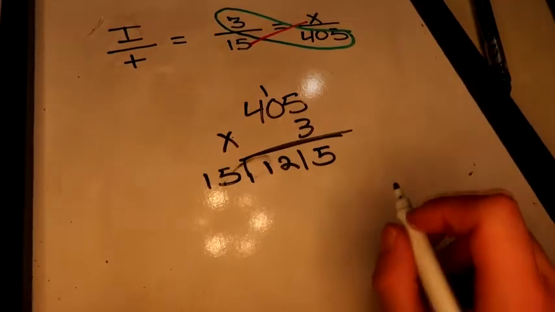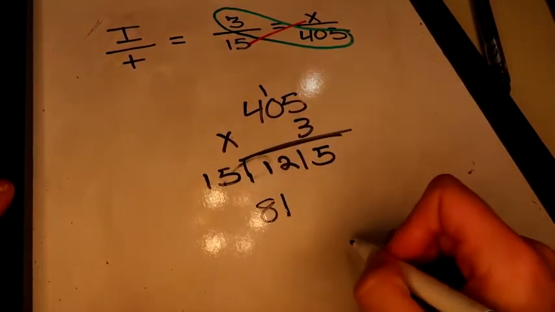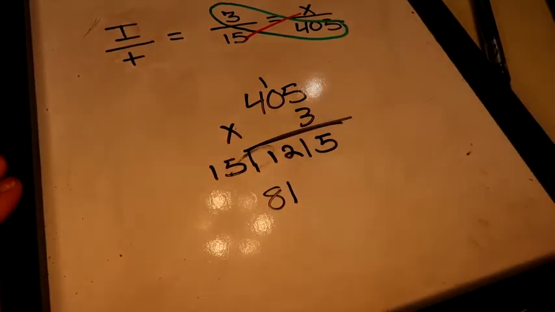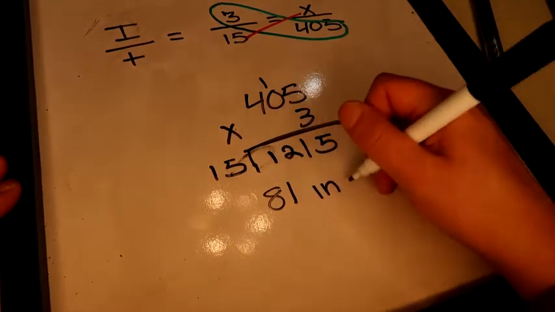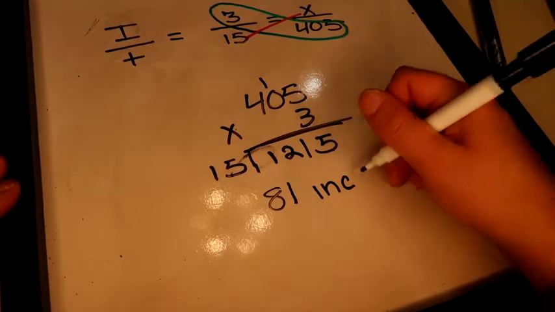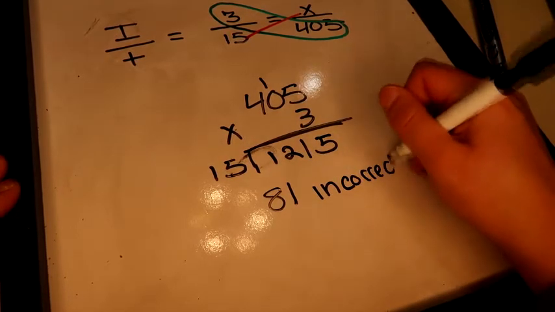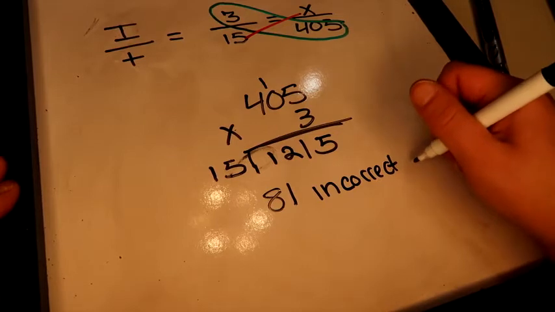Yep. So when you divide these together, that gives you 81. So he will have 81 incorrect answers.